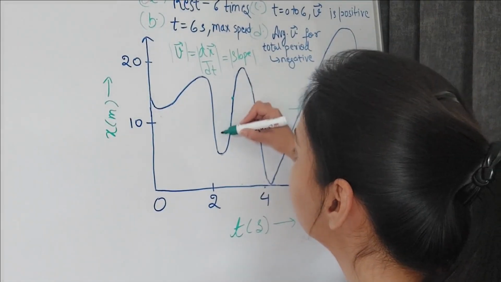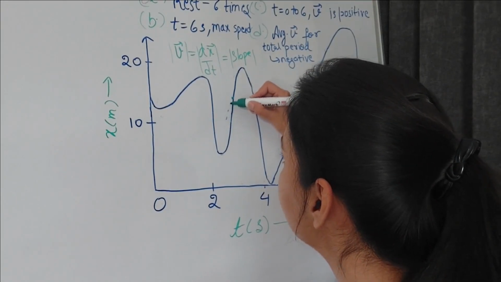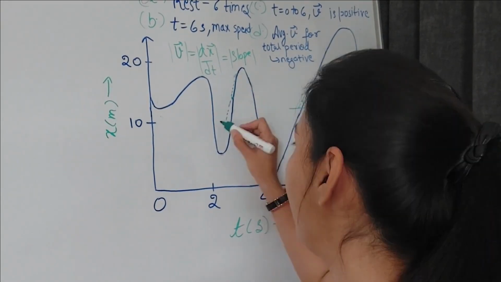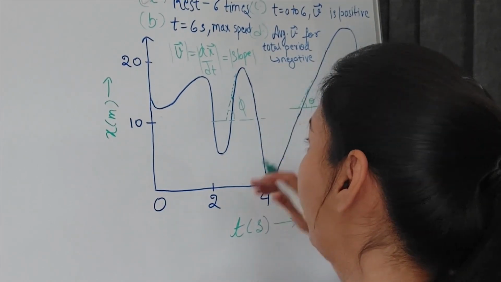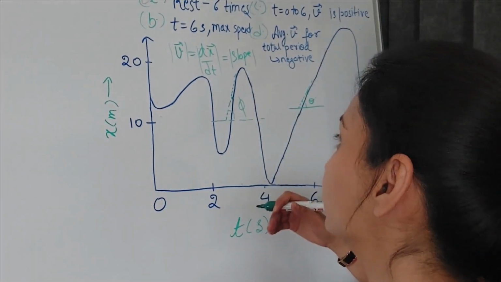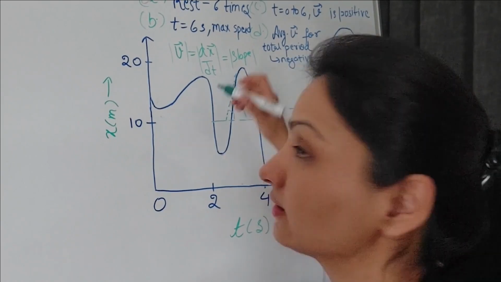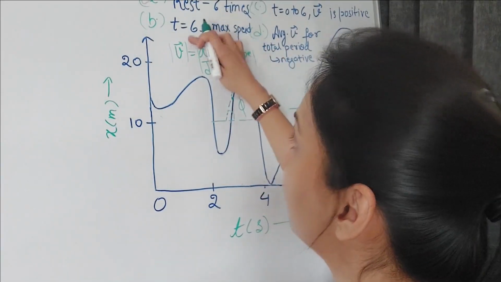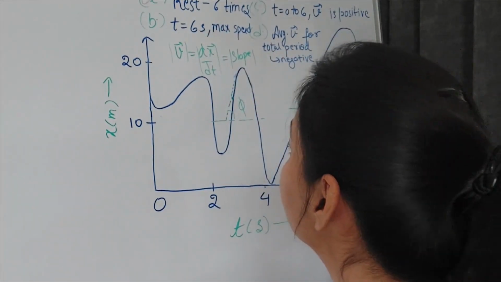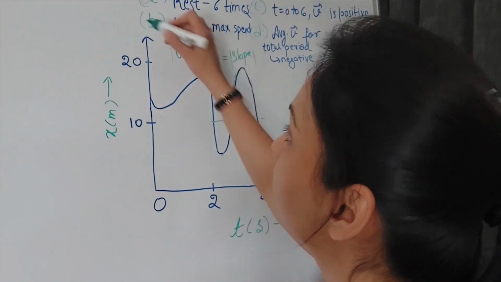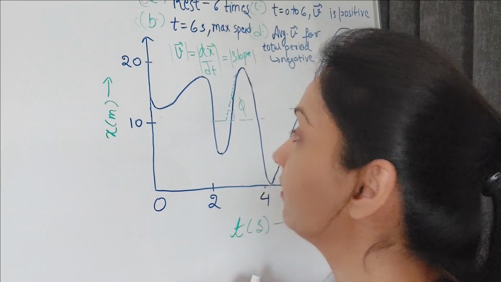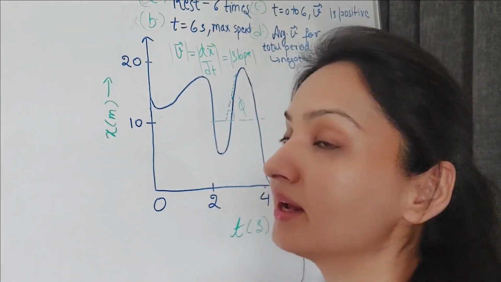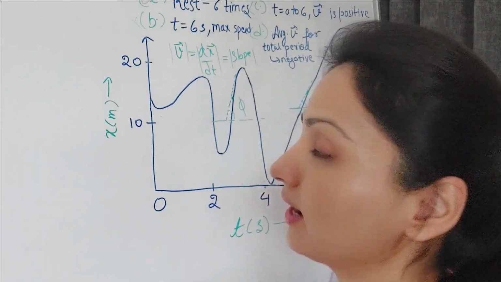If I draw a tangent at this point, I will get another angle, say phi, and clearly you can see this is much steeper than this. So the option that t equal to 6 seconds is the point of maximum speed is wrong, since we have found one more point on the graph at which the slope is much more than that at 6 seconds.